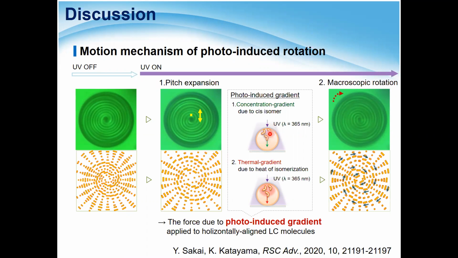So some gradient forces are applied, which induced the expansion of the pitch, and at the same time the droplet rotates due to the induced torque. And this one was recently published, so please check it if you're interested.